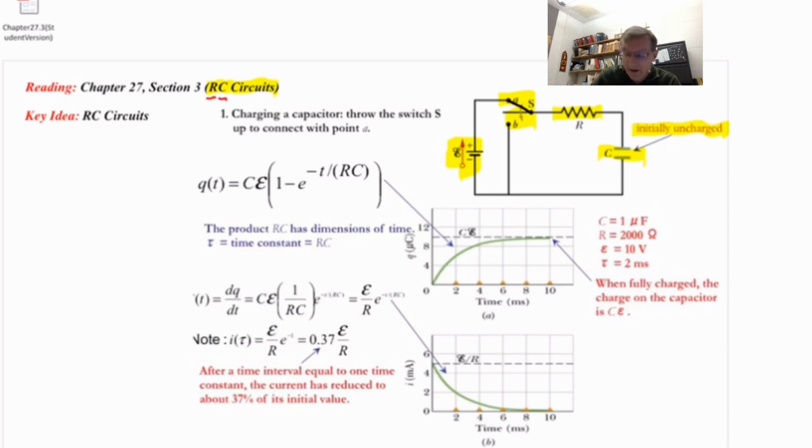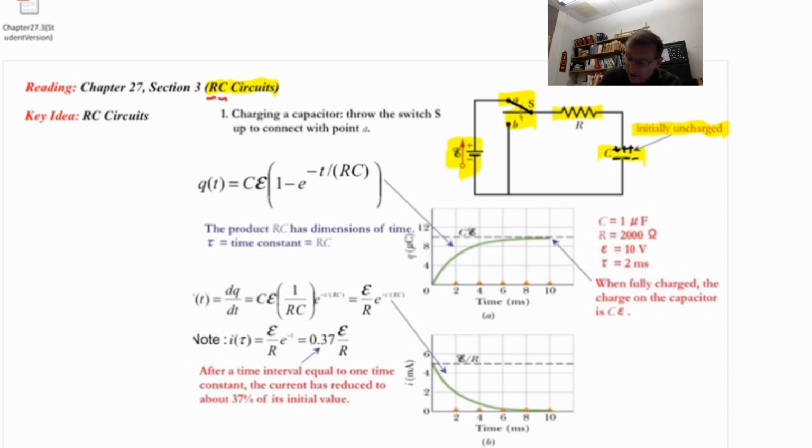Then we will have a closed loop consisting of the EMF, the resistor, and the capacitor. And the EMF will do work on positive charges and make current, and that will start charging up the capacitor. And the plate here will end up getting positively charged, and the lower plate will end up becoming negatively charged. And we want to be able to analyze that process, okay?